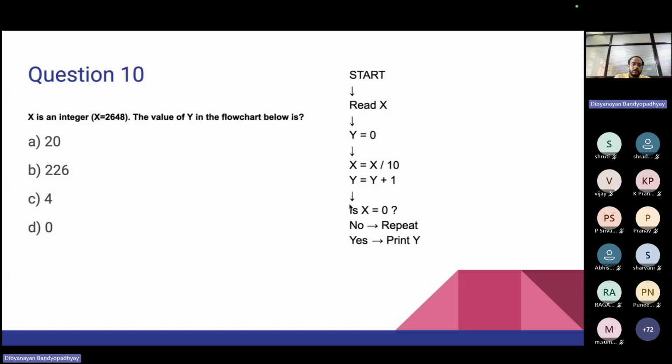Then, is x equal to 0? If it is yes, you directly print it, or if it is no, then you go back to this step. So take a pen and paper and try to solve it, to see what is going to happen.